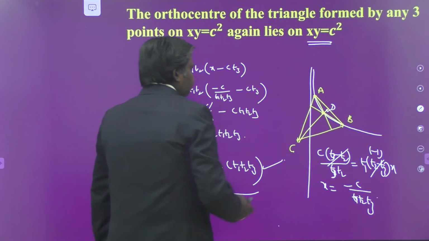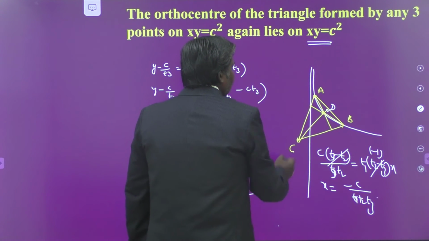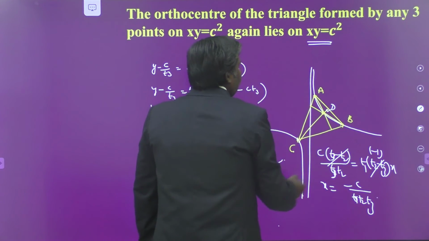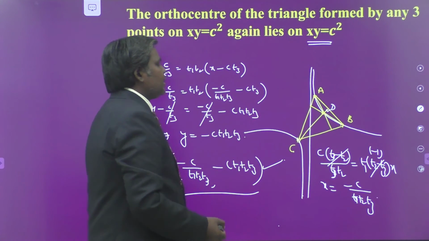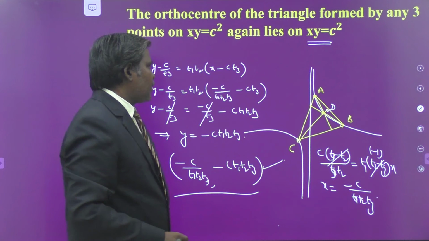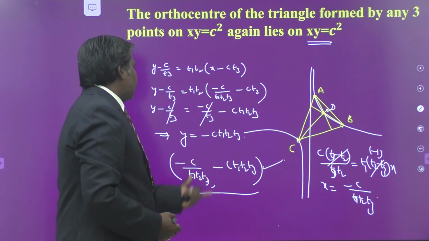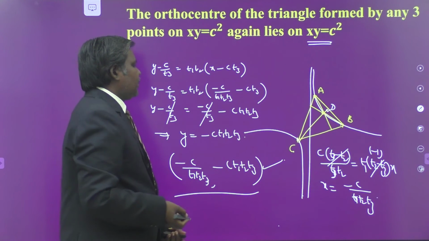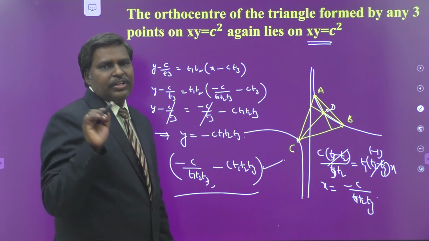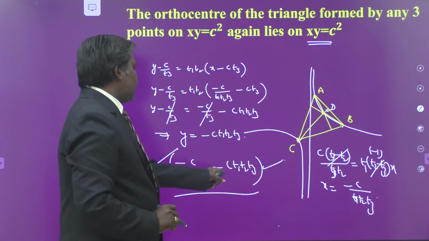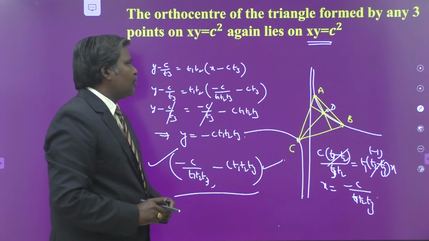So if you take any 3 points on your rectangular hyperbola like that, immediately its orthocenter lies again on your rectangular hyperbola. Remember this point, all of you. The orthocenter of the triangle formed by any 3 points A(t1), B(t2), C(t3) is nothing but (minus c by t1 t2 t3, minus c t1 t2 t3).